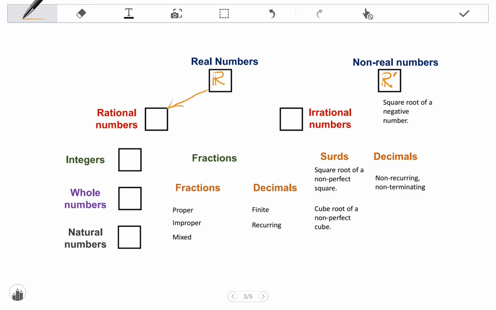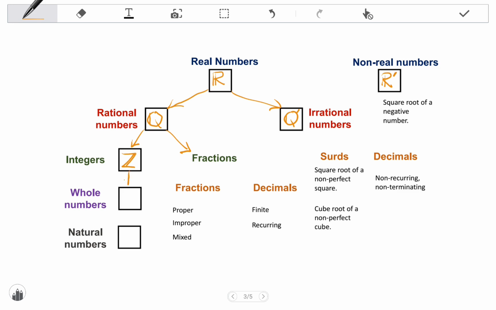Then we have real numbers divided into rational numbers and irrational numbers, and rational numbers are represented by the symbol Q with an extra line. Irrational numbers are not rational, so we represent them with a Q not. Okay? Then rational numbers are divided into integers or fractions. Fractions don't have a special symbol, but integers are represented by a Z with an extra line.